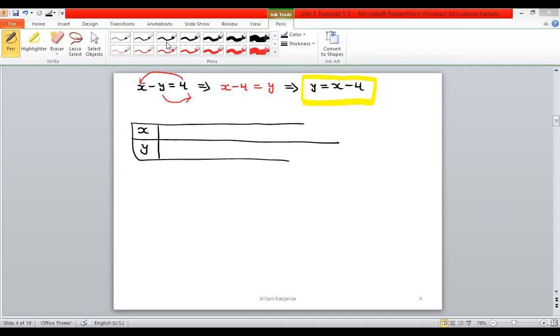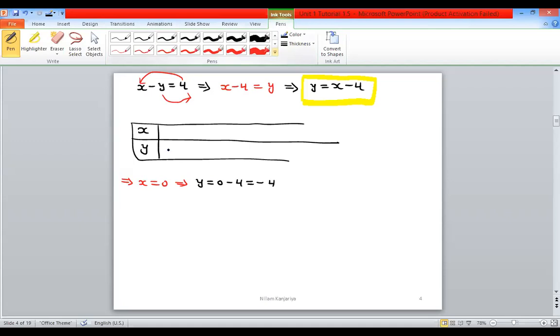If not, then okay. X is equal to 0. What happened in this equation? Y is equal to 0 minus 4. You got minus 4. There is no problem.